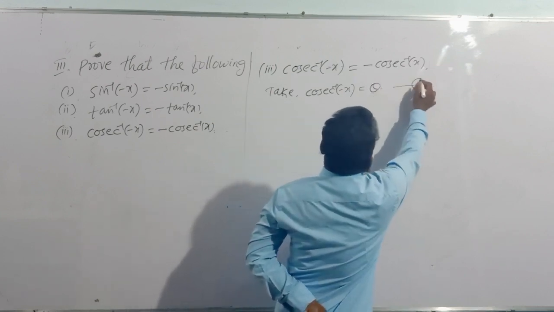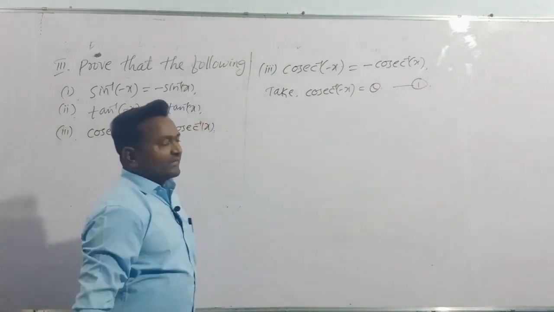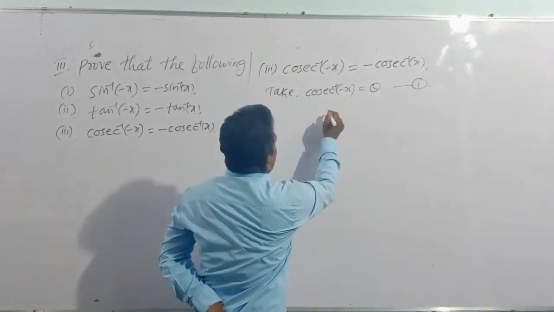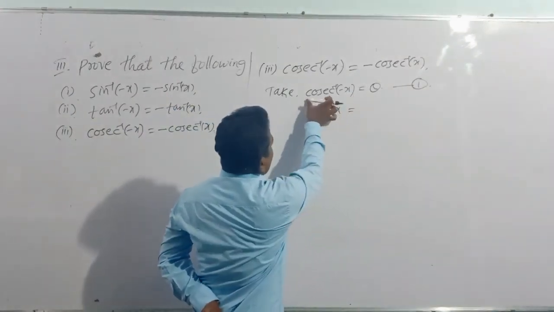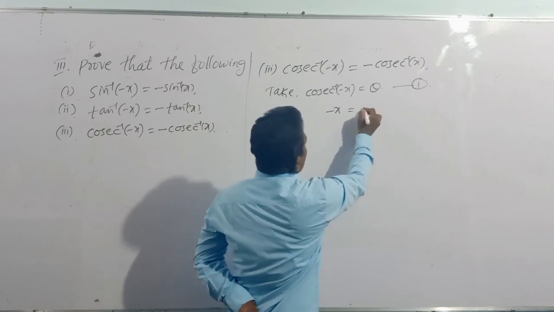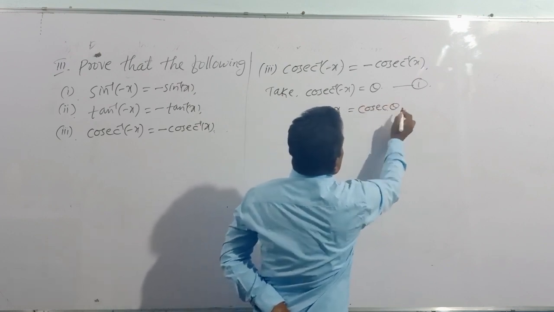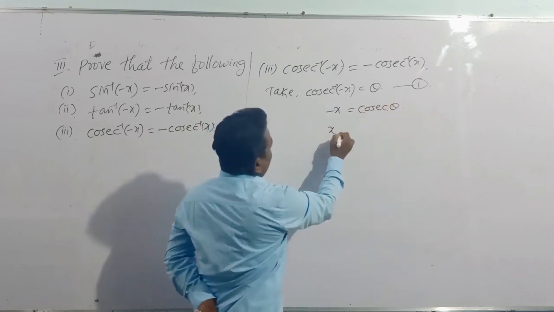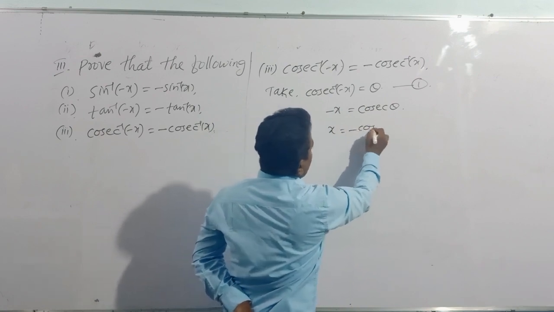Take it down as equation number 1. Minus x keep as it is, this inverse function moves to the right-hand side and becomes cosec theta. Then finally x equals minus cosec theta.